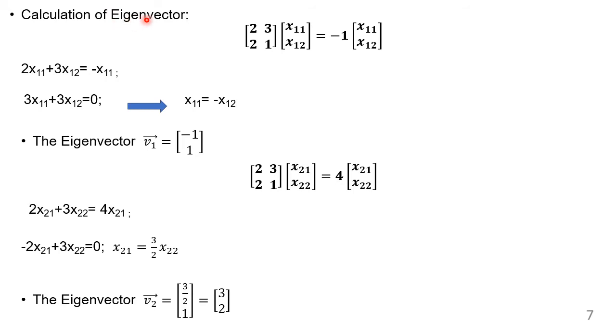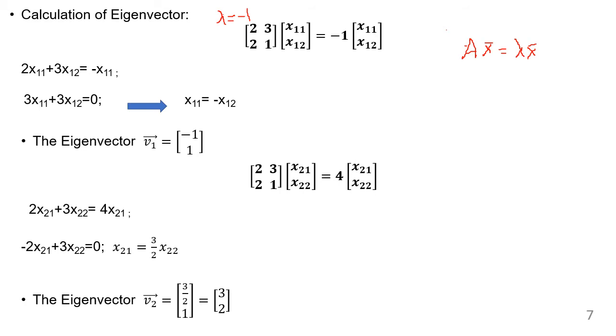The second step is to find the eigenvector. We have got two eigenvalues. We'll take the first eigenvalue, lambda equal to minus 1. Now it is a 2 cross 2 matrix, therefore we have two variables, and the two variables chosen are x11 and x12. A matrix multiplied by x vector is equal to lambda into x vector.